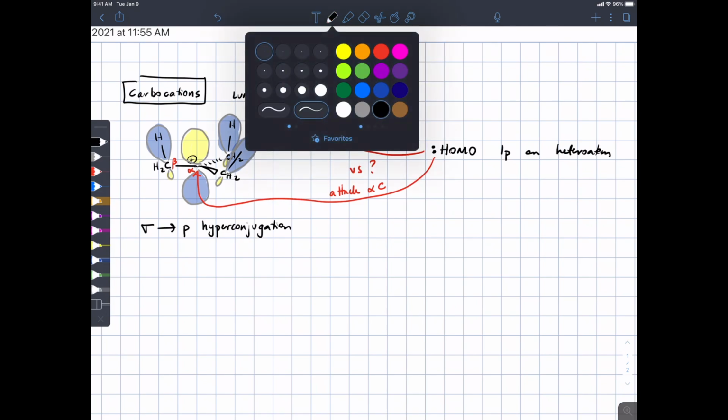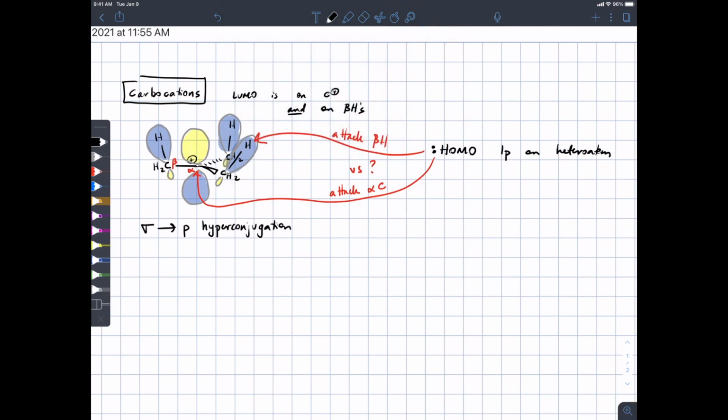We're going to say that attacking at the positively charged alpha carbon is the preference of a nucleophile, whereas attack at the beta proton is the preference of a base. Or in other words, nucleophiles attack carbon, bases attack hydrogen.